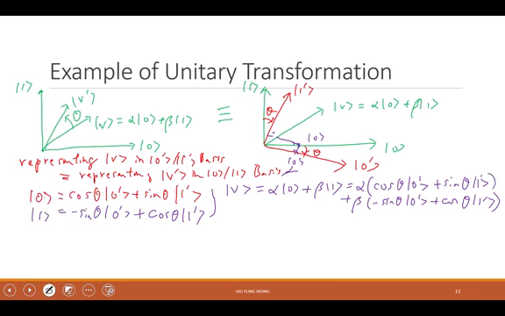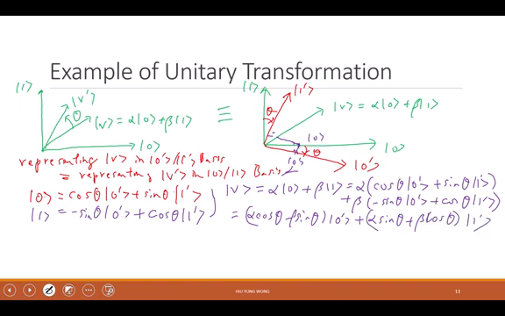Is this okay? I just do the substitution. So I have 0 dash and 1 dash, and I can regroup them. V equals alpha cosine theta minus beta sine theta, the whole thing 0 dash, plus alpha sine theta plus beta cosine theta, the whole thing 1 dash.